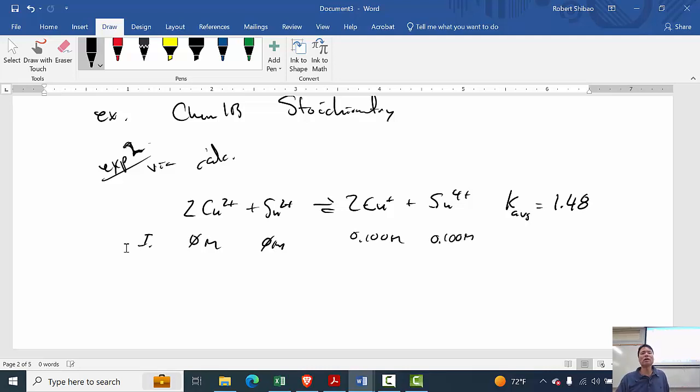So we're going to start off with all products and then see how much makes it back. When you look at the K value, it's a little greater than 1. A little greater than 1 means we have more product than reactant, and so it favors the product, but a little bit can make it back up because it's still fairly close to 1. And so we want to know how much makes it back up.